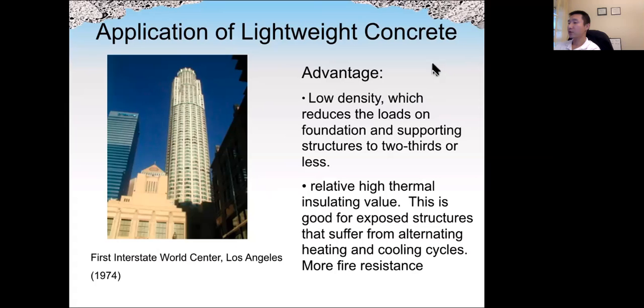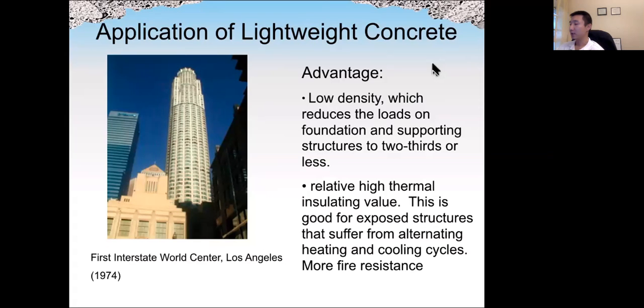Compared to traditional concrete, lightweight concrete has the following advantages. The density is lower, which translates into lower load onto the foundation and supporting structures. So we can have a smaller cross-section for the foundation, beams, and columns, and also reduce the material costs.